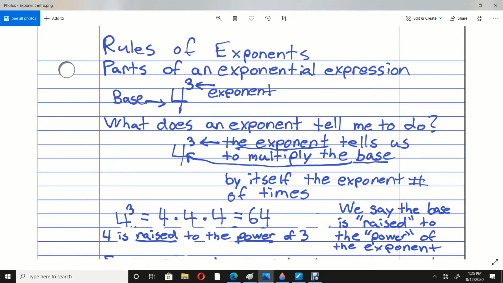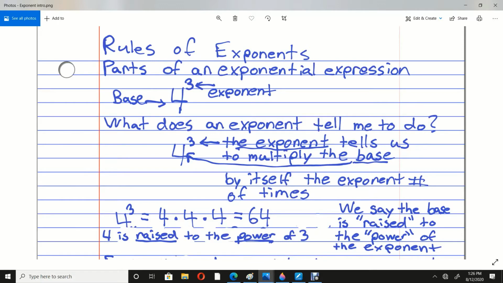This first part right here is just a diagram of what an exponent is, the parts of an exponential expression. The big number is your base, that is the number that you are multiplying, and your exponent up here is the little superscript. It's the little number up at the top right next to the big number, and that tells you how many times we are going to multiply that number by itself.